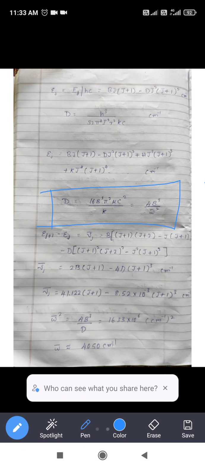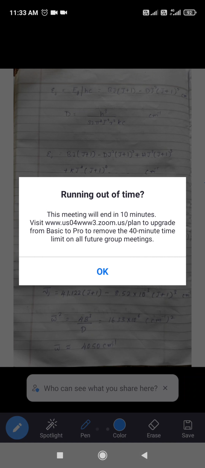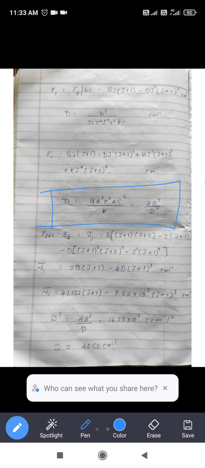In the starting class I wrote the expression for k. Then how do we find nu bar?